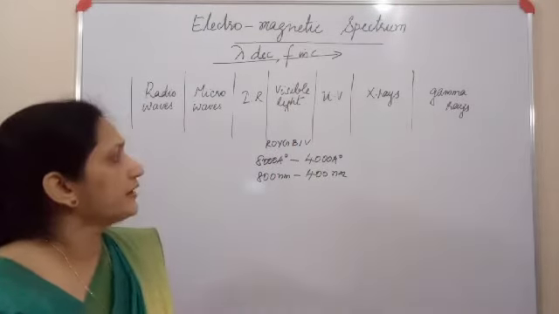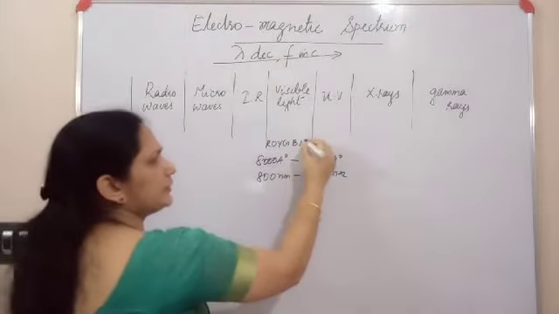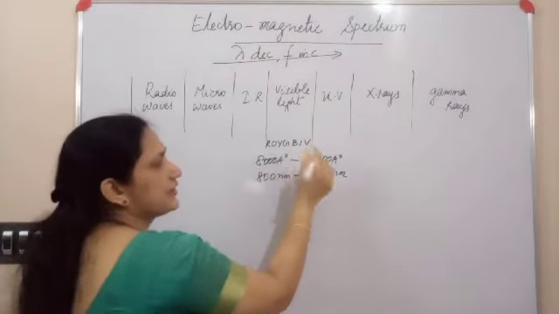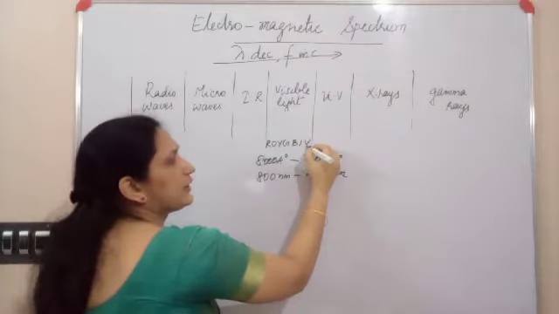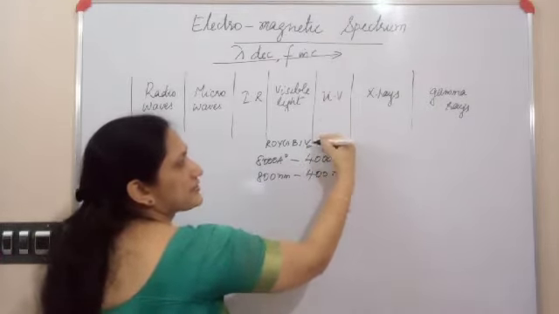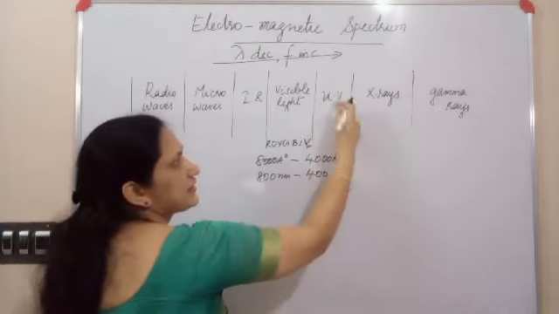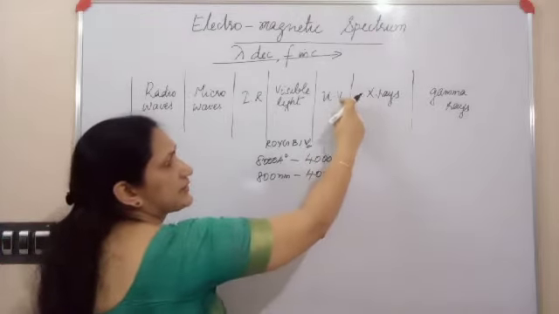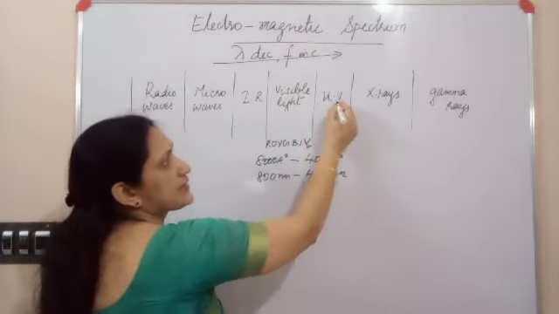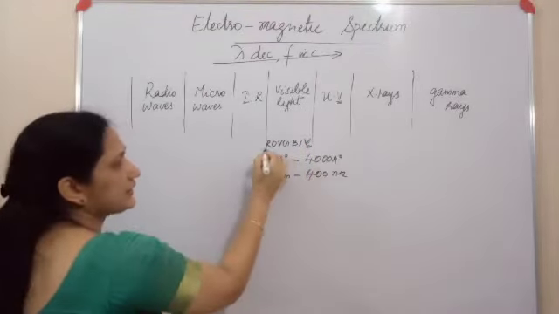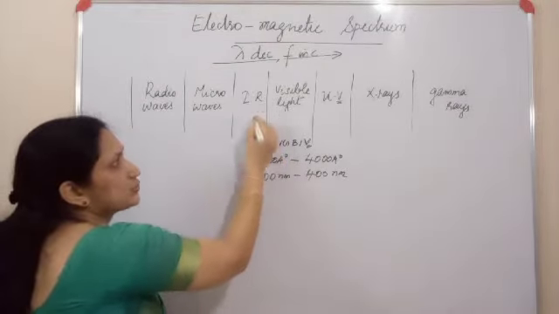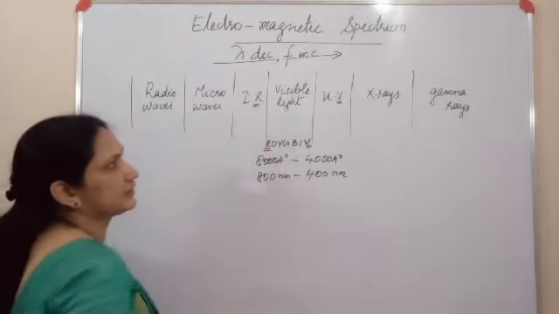Then another point: the 2 boundary colors of visible light are violet and red. Did you notice the neighboring region of violet is given the name ultraviolet, since these rays come after violet. Similarly, the other boundary color is red, and the region close to red is given the name infrared.